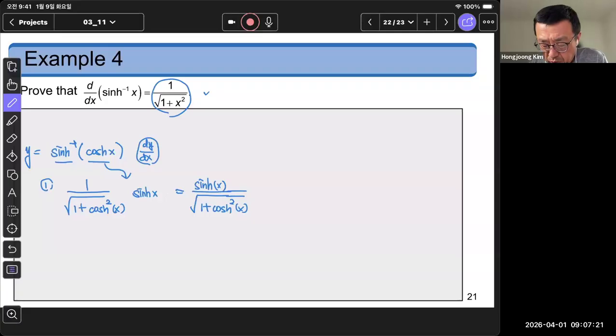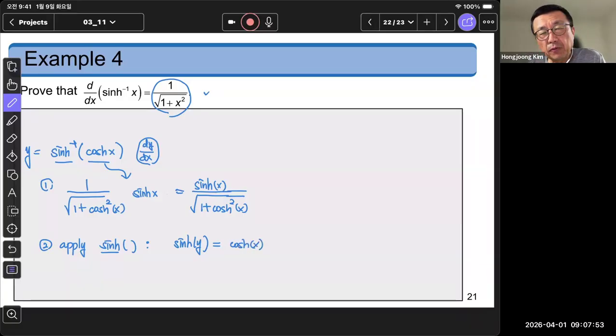Another method is to take the hyperbolic sine function on both sides of the equation. Then the left-hand side becomes hyperbolic sine of y, equal to the hyperbolic cosine of x.